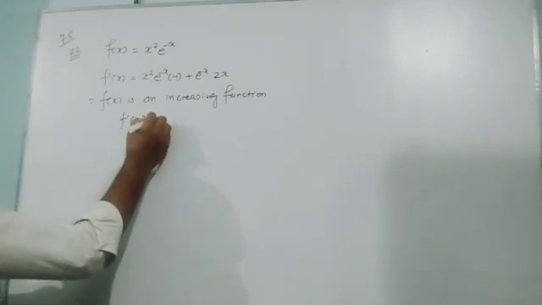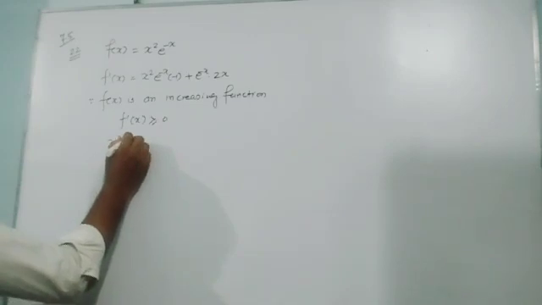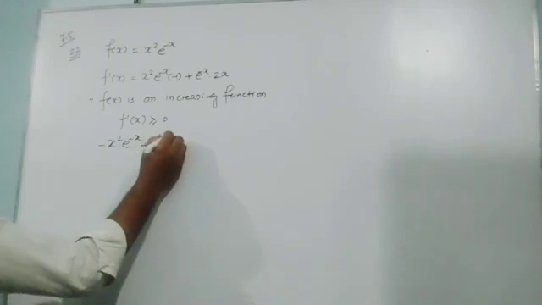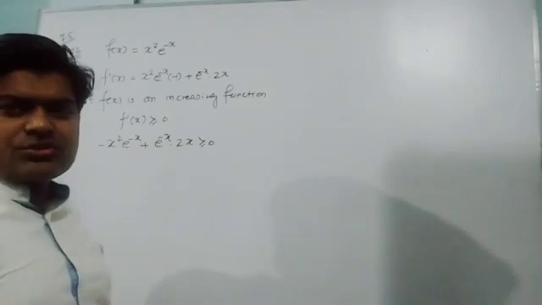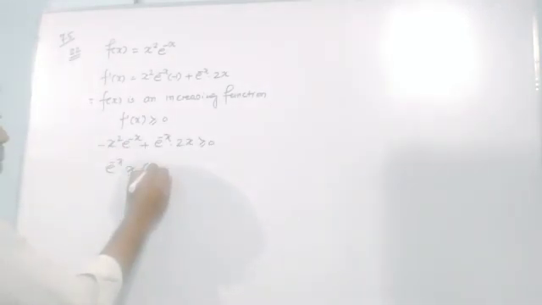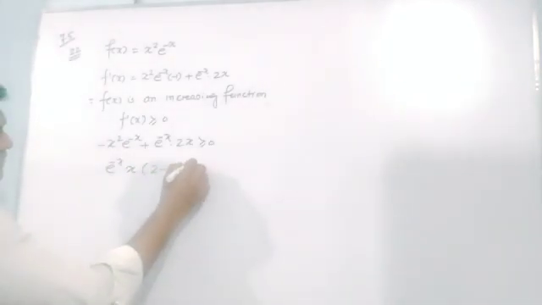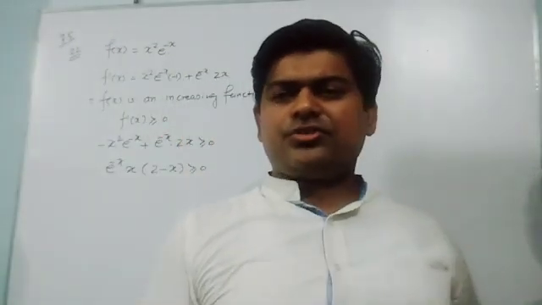So x square e to the power minus x, with that minus coming here, plus e to the power minus x into 2x is greater than or equal to 0. I think it is not new for you. If I take e to the power minus x into x as common, I will now have 2 minus x is greater than or equal to 0.